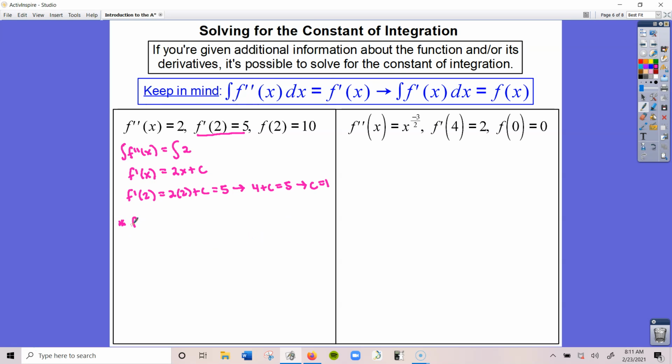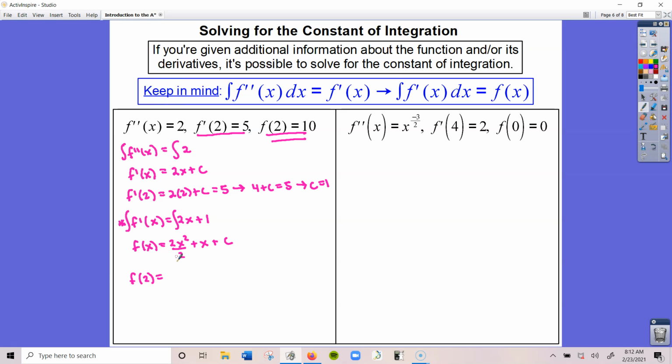So f prime of x is going to equal 2x plus c, which we got to be 1. Now we integrate both sides again. And this gives me f of x is equal to 2x squared over 2 plus x plus c. Now we are told that f of 2 is equal to 10. So we plug in the 2.